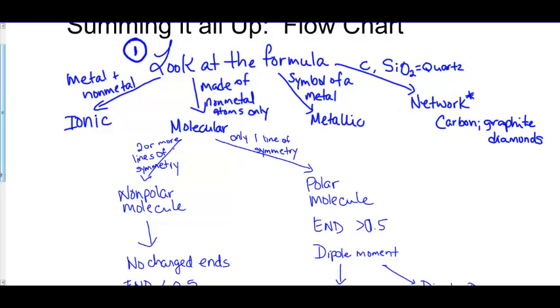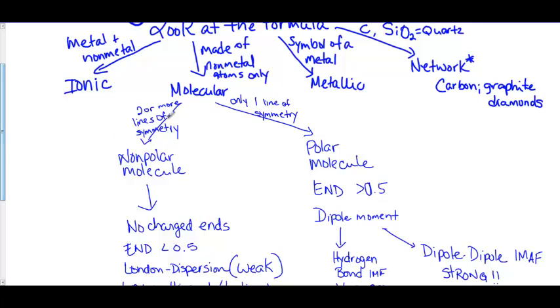Okay? And then let's go down where we split from molecular compounds here. If there are two or more lines of symmetry, so we're going to look at the shape of it, it's going to be a nonpolar molecule. And if there's only one line of symmetry, you have a polar molecule.